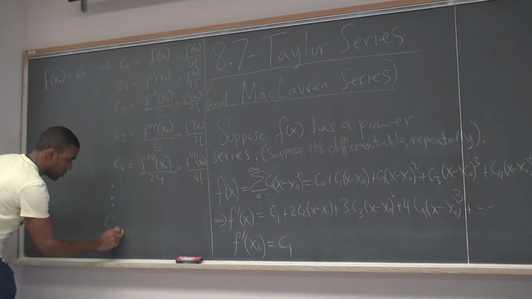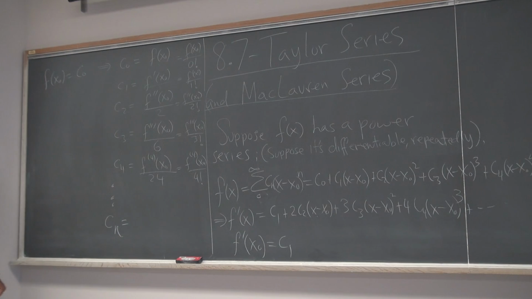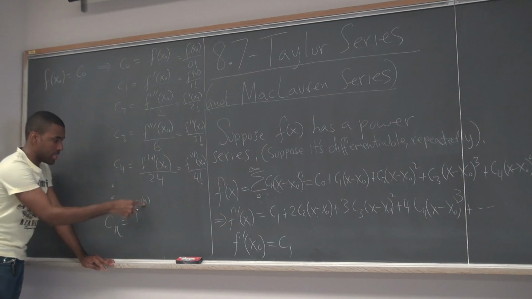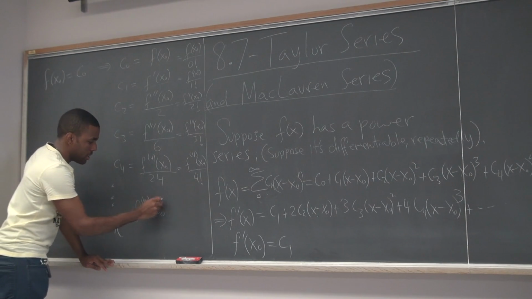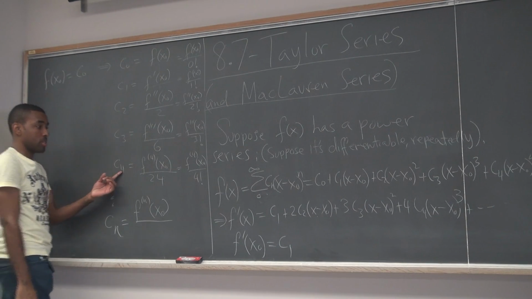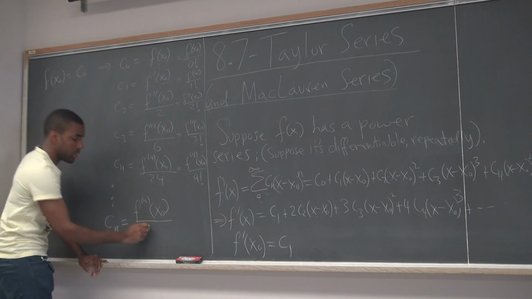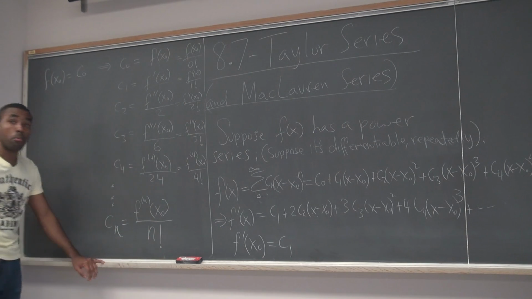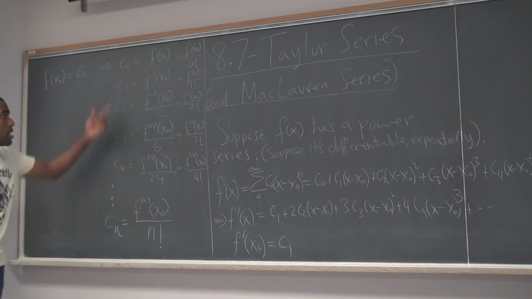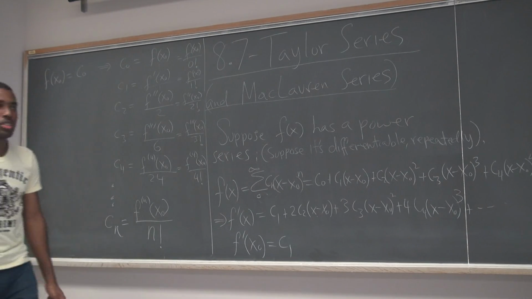Can you give me a general formula for the Cn? It has to be the nth derivative, whatever the subscript is, that's the same number of derivatives I'm taking, evaluated at x naught over what? N factorial. The subscript tells me the number of factorials I'm taking. So it turns out if I could write a function as a power series, I would know exactly what my coefficient should look like.